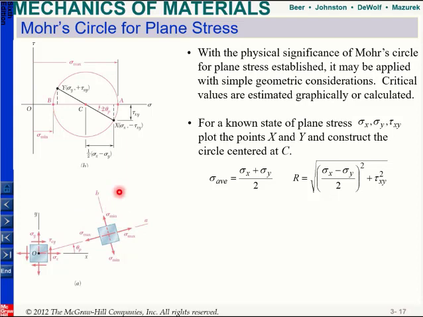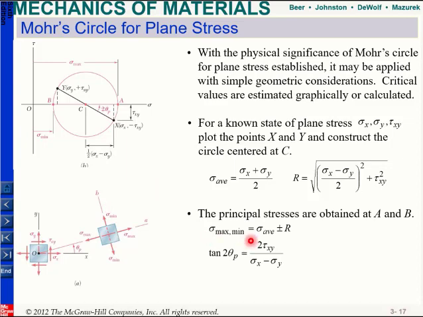If you want to find your maximum and minimum stresses, the maximum is your average plus R, and the minimum is your average minus R. As long as you can get this graph, it's very convenient to find the locations of A and B. And this angle, from geometry, you can find that tangent 2 theta p is equal to this length divided by this length, which is equal to 2 tau xy divided by sigma x minus sigma y.